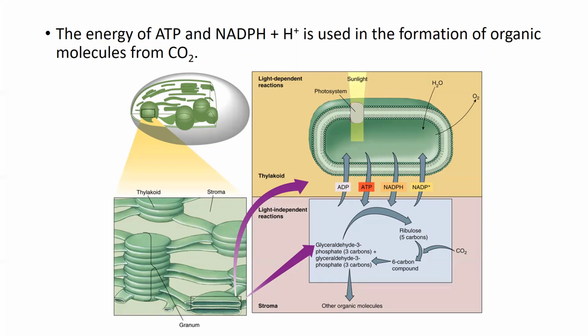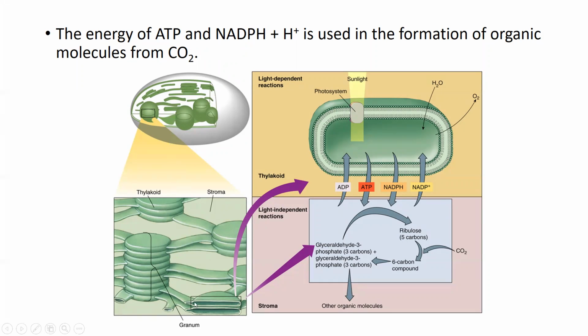In light-dependent reactions, the energy of the ATP and the reduced NADP that are produced is used in the formation of organic molecules from carbon dioxide. As you see in this slide, this is a chloroplast. Then enlarge it, this is a granum.